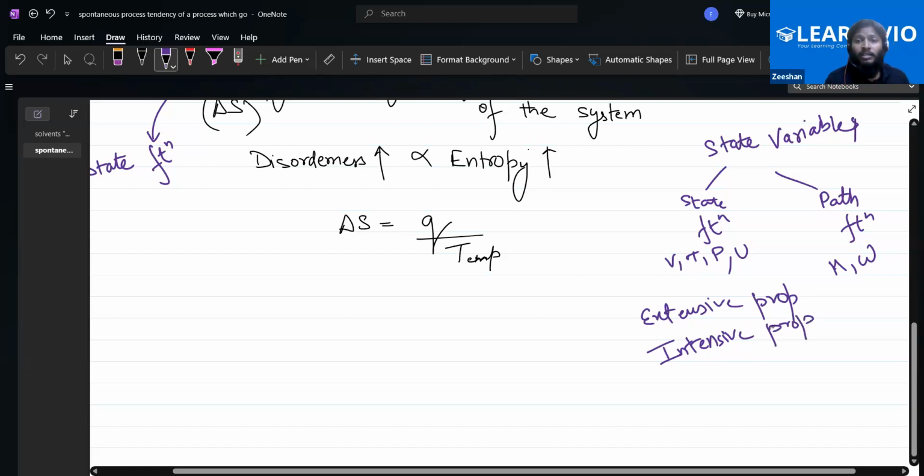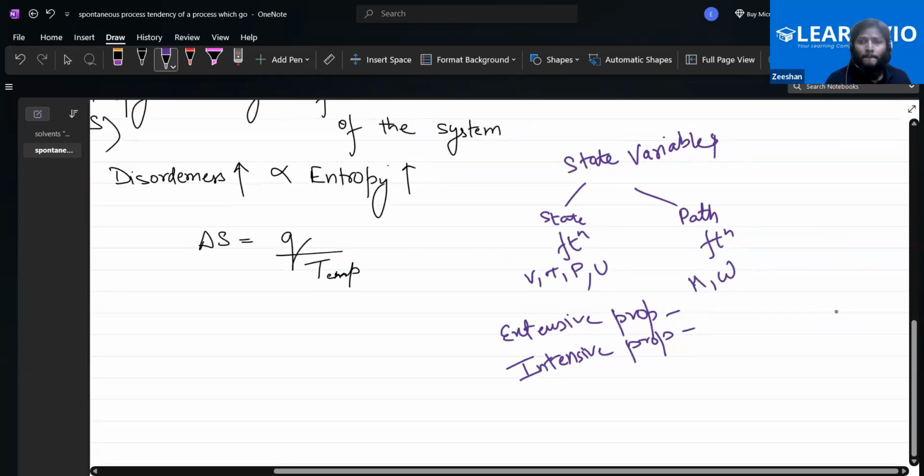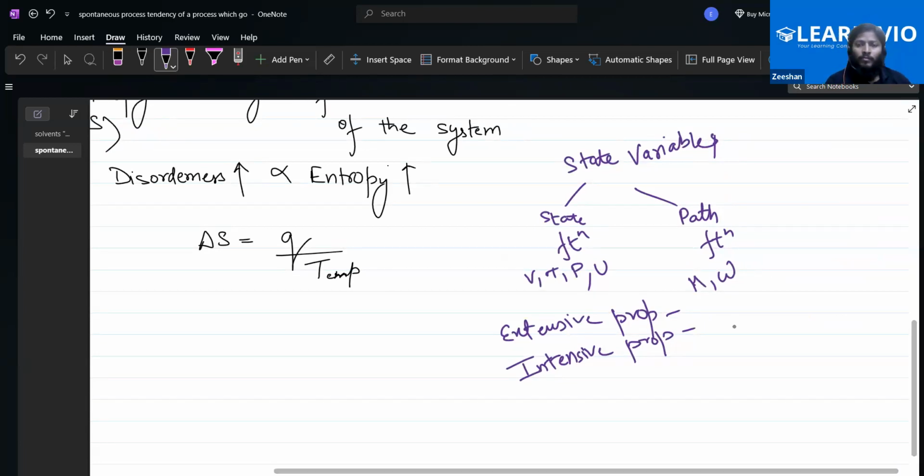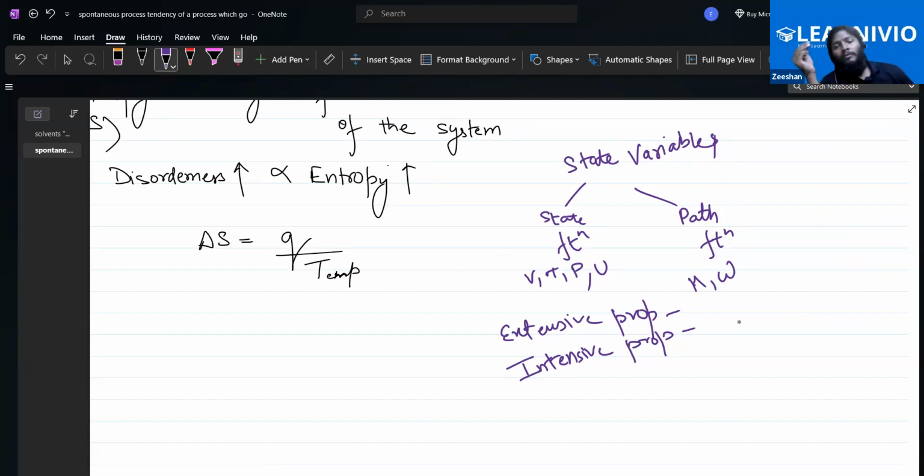Anybody remember what is intensive property? What is extensive property? Extensive property depends on the amount or mass of substance, and intensive does not depend on the amount or mass of substance. Okay. Anybody with another definition or another understanding?